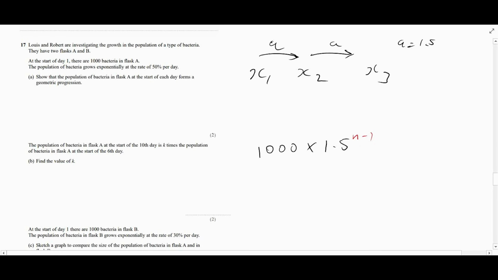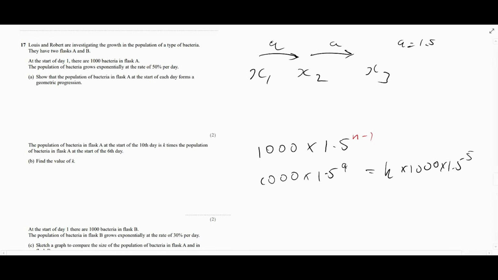Now with this formula, what would we do? We have the 10th day and the 6th day, and k times the population. So what that really means is that 1,000 times 1.5 to the 9, since for the 10th day n minus 1 is 9, is equal to k times 1,000 times 1.5 to the 5, so obviously 6 minus 1.